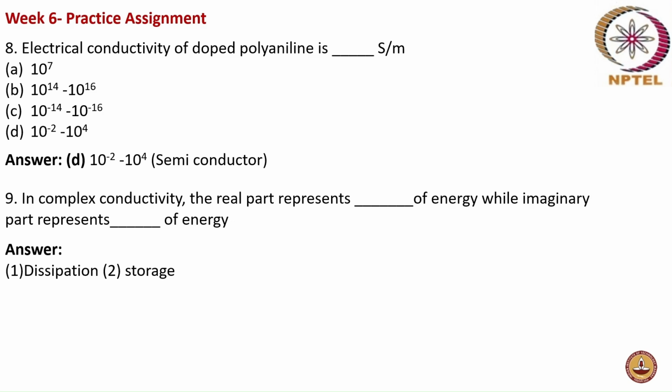For example, in mechanical terms, your real part represents energy storage, the elastic part, and your dissipation represents the viscous part. Viscous means there is a flow or movement, a segmental mobility or molecular mobility, right? So here also there is a charge mobility. That is why it represents dissipation of energy.